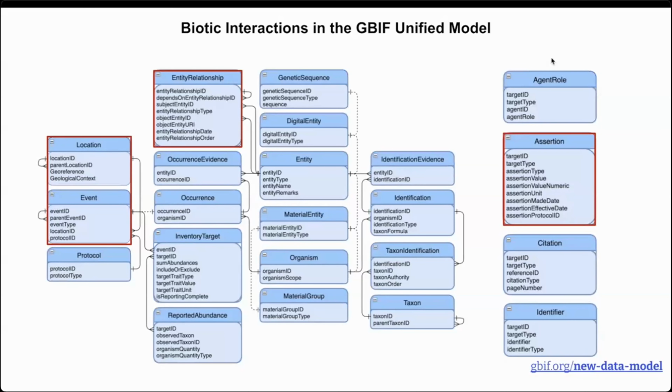The biggest differences are that the entity relationships and assertions are somewhat more expressive, and that they are not constrained by the one-level deep structure of the Darwin Core archive star schema.